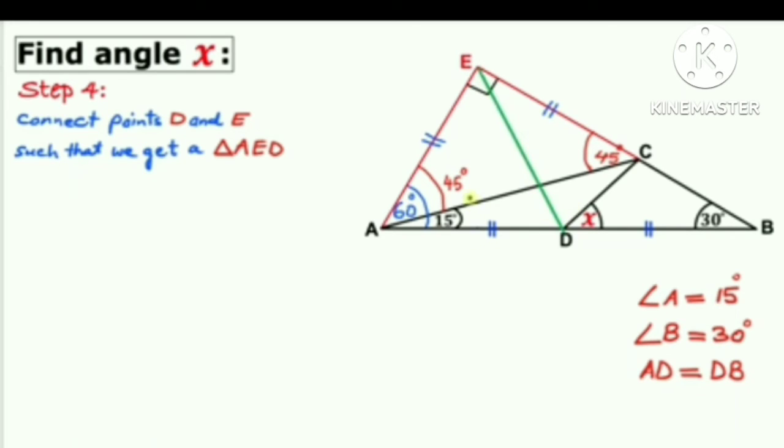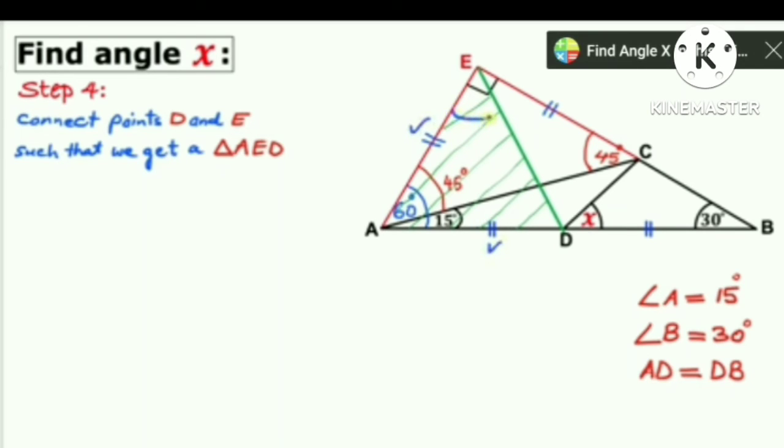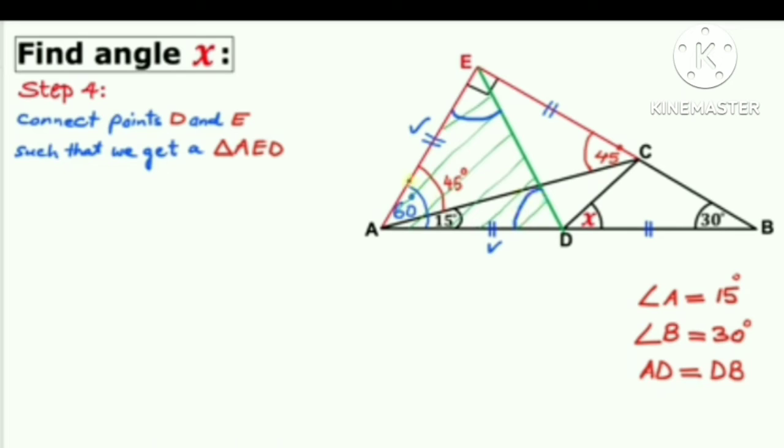And here's our much nicer looking diagram. And now let's focus on this triangle AED, and we know its two sides are equal in length. So therefore this angle has got to be equal to this angle. And if this angle is already 60 degrees, then these angles are going to be 60 degrees each, because the sum of the angles in this triangle must be 180 degrees.